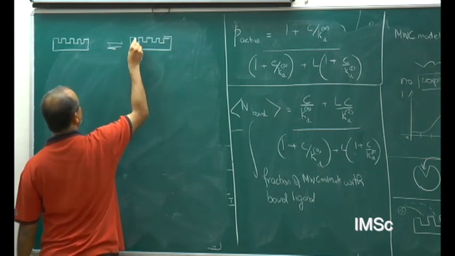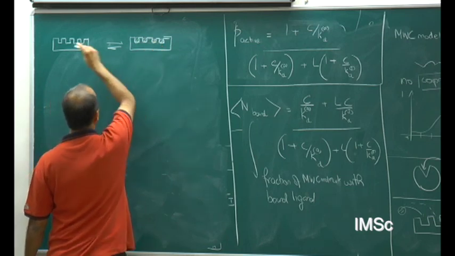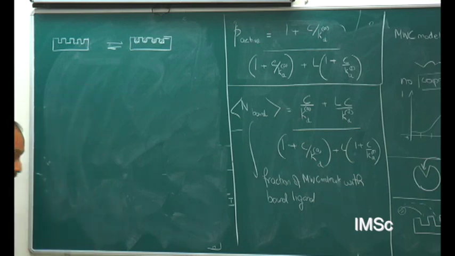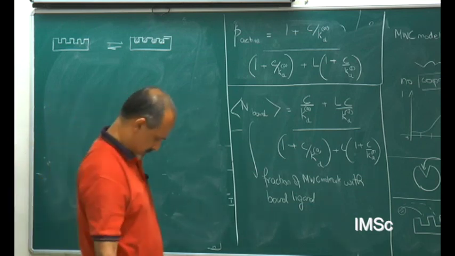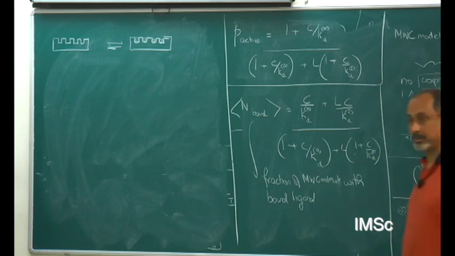And here there are ligands bound everywhere, and here there are no ligands bound at all. R is the number of the n ligands that are bound. So R equal to n is all of the sites filled, but in general it can be 0, 1, 2, 3, 4, right up to n.